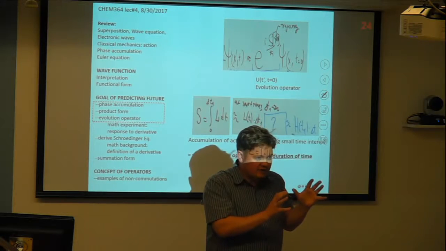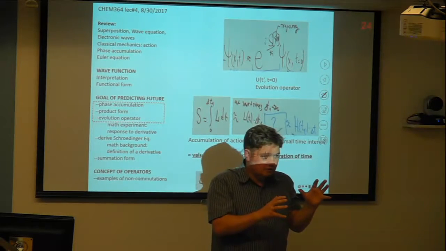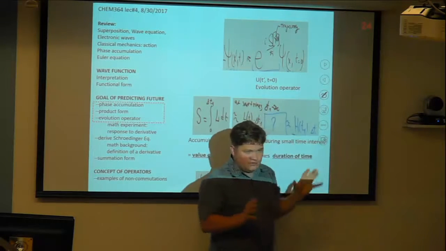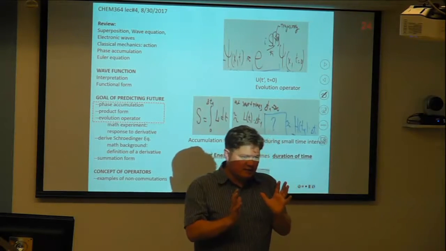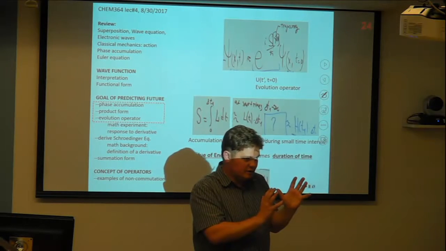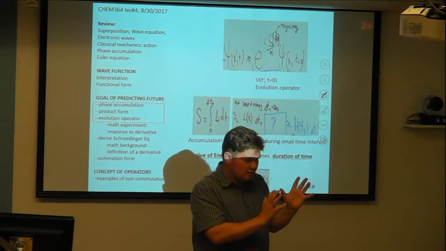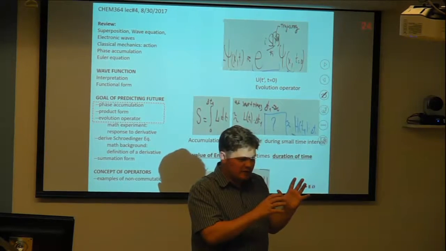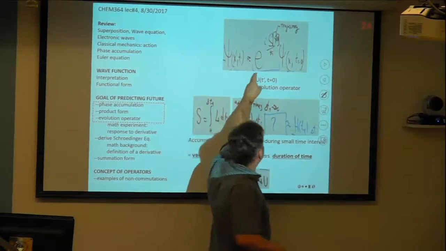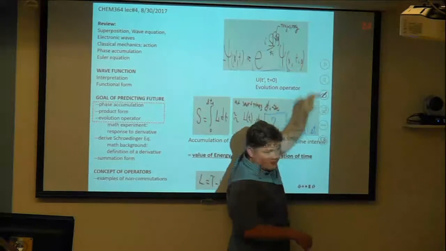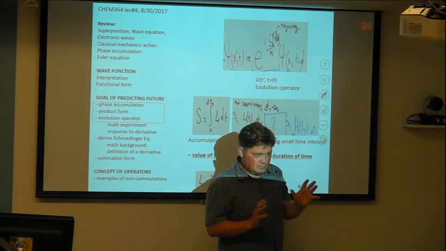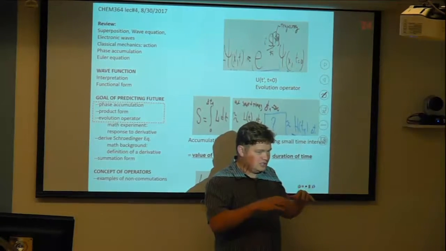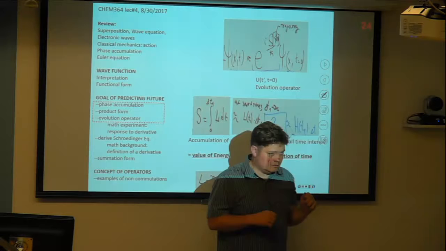And accumulation of phase changes the wave function. Why don't we put this exponential in front of the wave function, telling that if you go forward a little bit in the future, it makes nothing but change its phase, so it multiplies it by a complex number, an exponential of i times some phase.